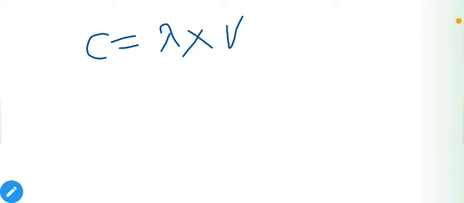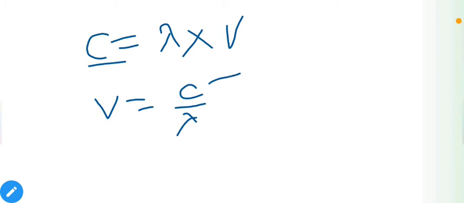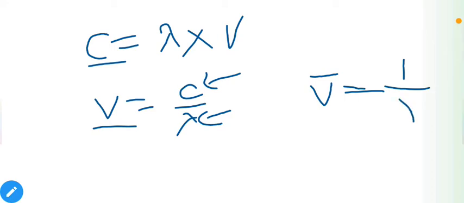Lambda is mentioned here and we know the speed of light, it is constant. So all you have to do is v is equal to c upon lambda. We know the speed of light, divide it by the given wavelength and you will get your frequency. And for the second answer, v bar is the inverse of lambda. So just take the inverse of lambda and you will get your v bar.